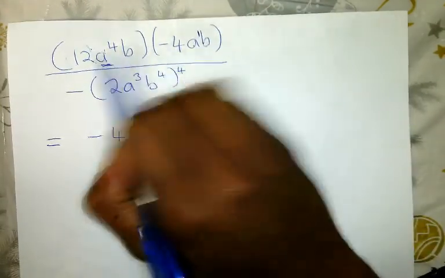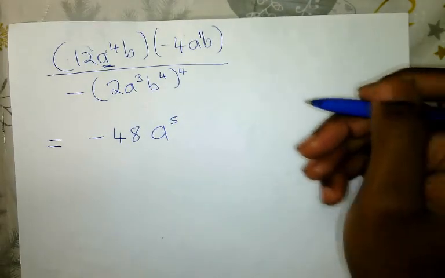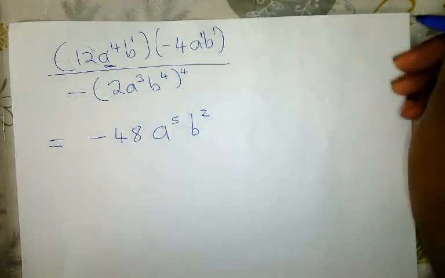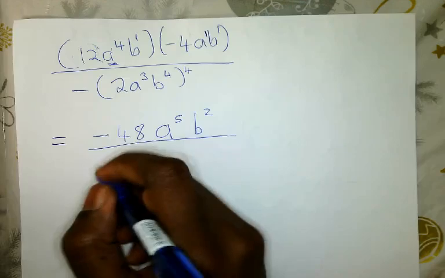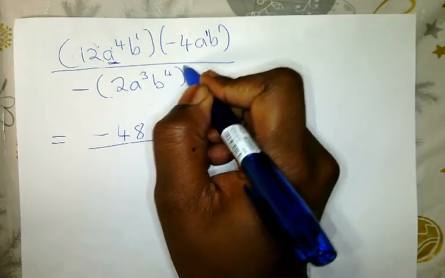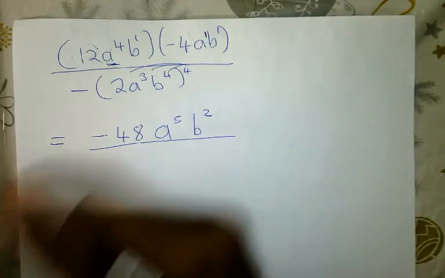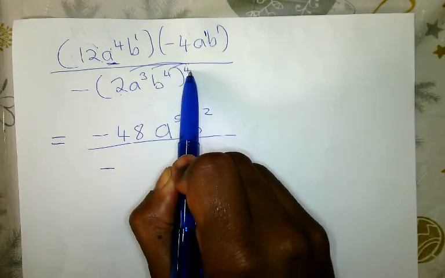And then what is b to the power of 1 and b to the power of 1? Becomes b squared. Then here we're going to distribute the 4 inside the bracket. So I have a negative number. What is 2 to the power of 4? We did it. It is 16. So I have a 16 there.